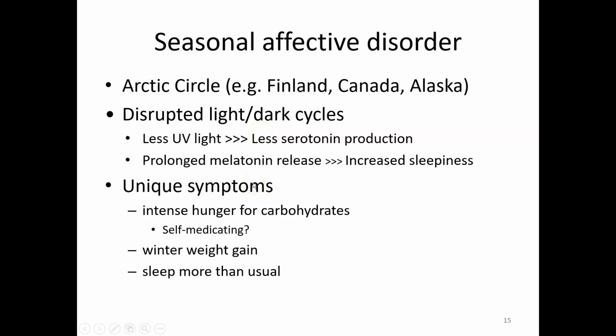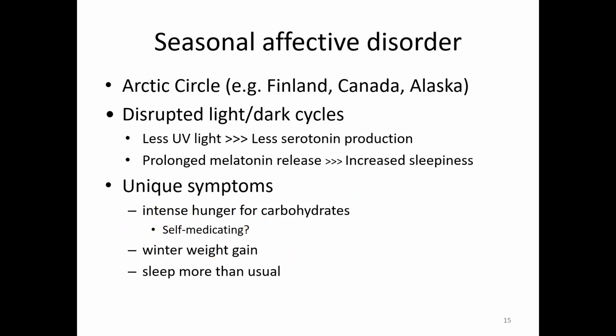So what's kind of interesting is that compared to major depressive disorder, seasonal affective disorder has some very unique symptoms. First of all, there is an intense hunger and a craving for carbohydrates. Carbs typically will lead to increased insulin secretion from the pancreas, and it also helps produce more tryptophan, which is a precursor of serotonin. So it's possible that people might be self medicating.